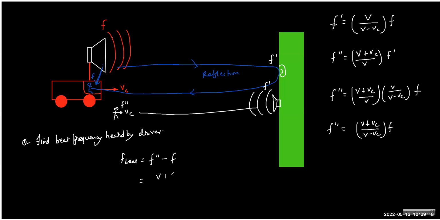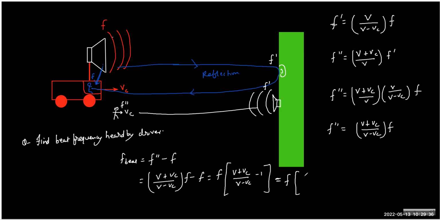F double dash is how much? You can see the beat frequency turns out to be this value.